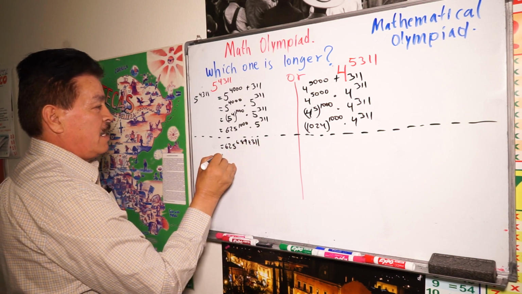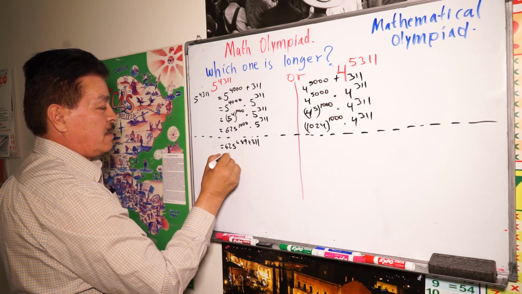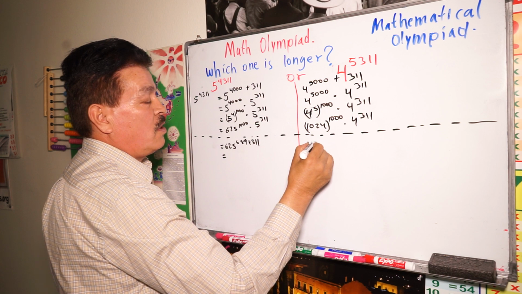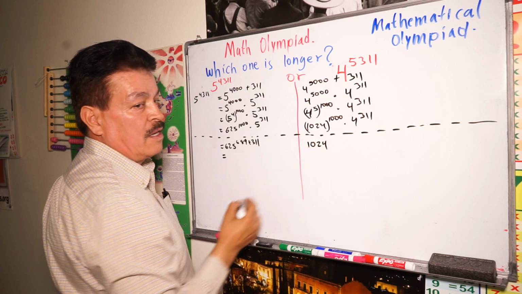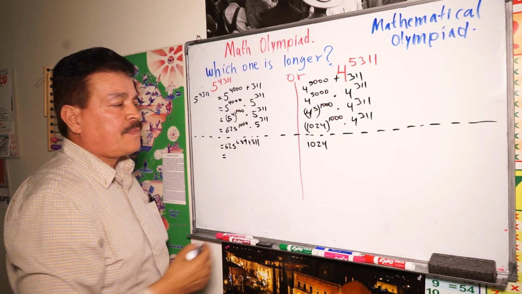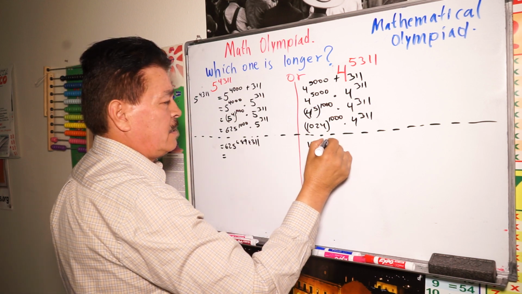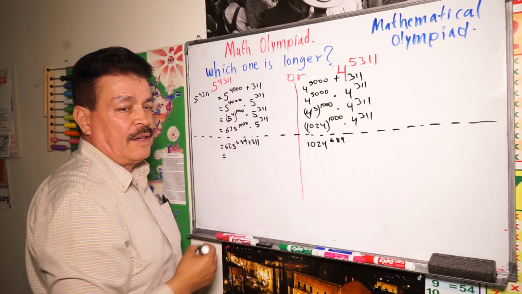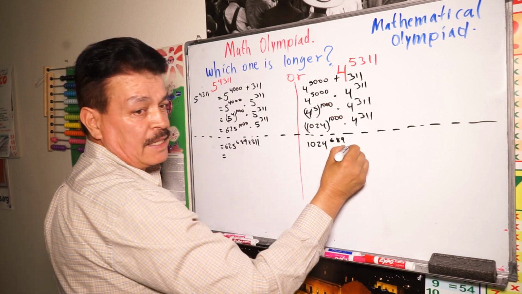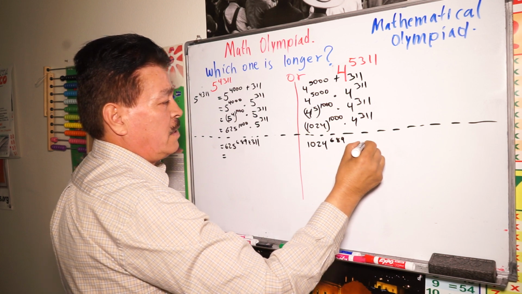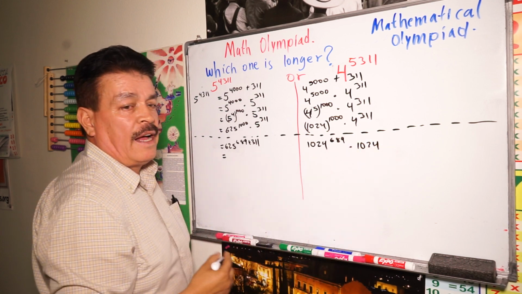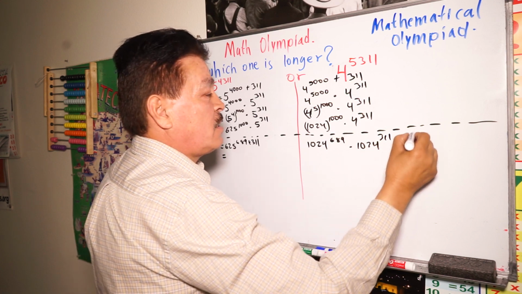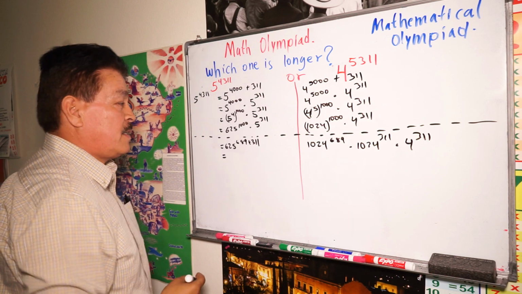So now on the other side we are going to have 1024 to the 689 power times 1024 to the 311 times 4 to the 311.